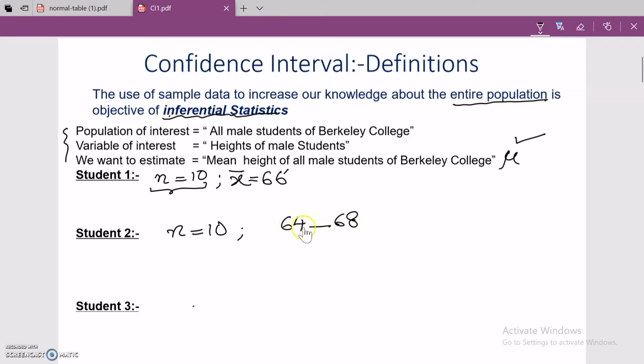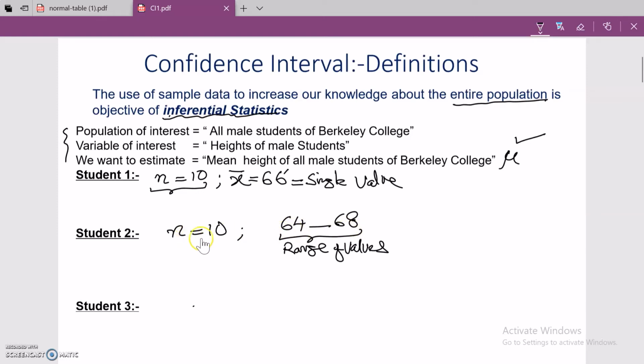He never gave me a single value; rather, he gave me a range of values. The first student gave me an estimate with the help of a single value, and now the second student gave me an estimate not by a single value, but a range of values.